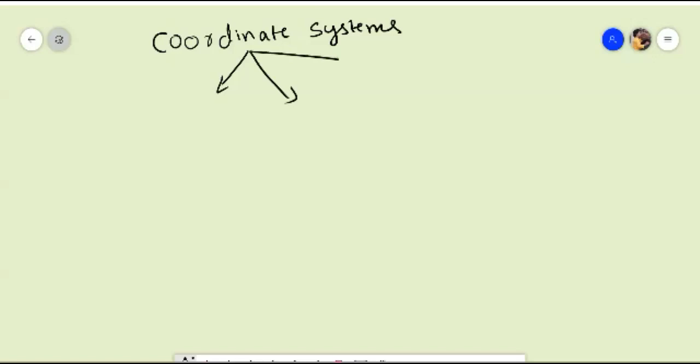Today we are taking the class on the Cartesian coordinate system. Okay, so we had discussed different types of coordinate systems, and the most commonly used coordinate systems are only three.